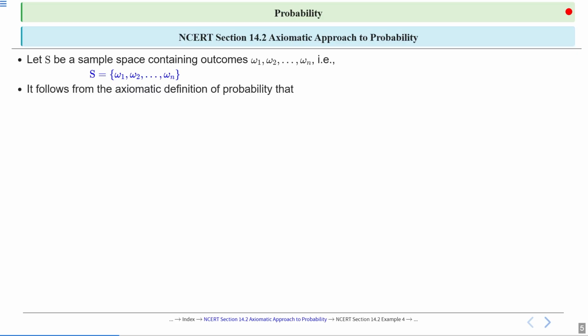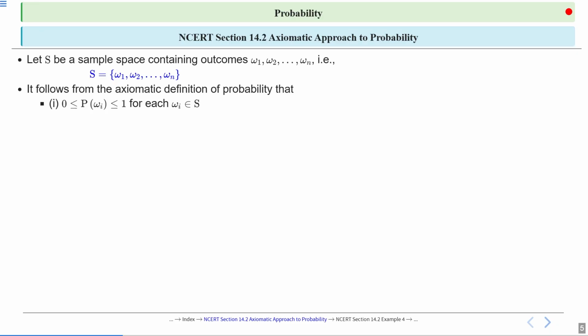And it follows from the axiomatic definition of probability that the probability of omega i always lies between 0 and 1.